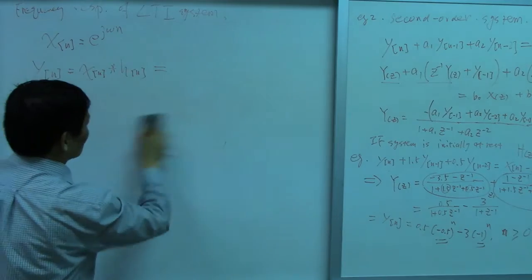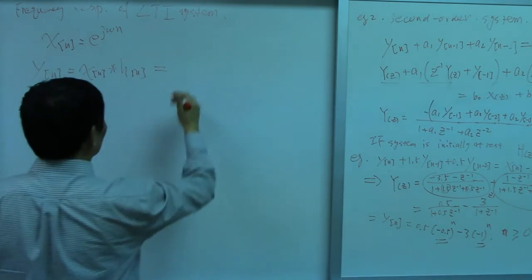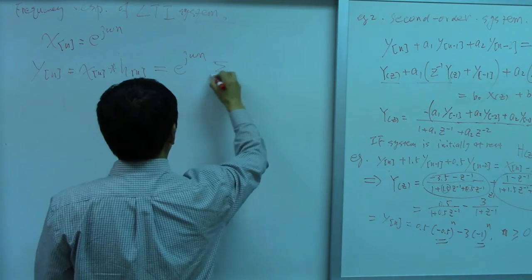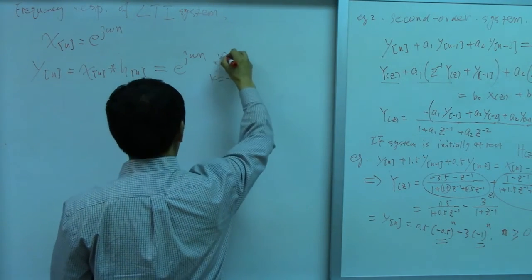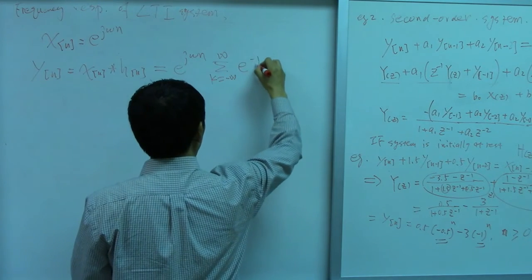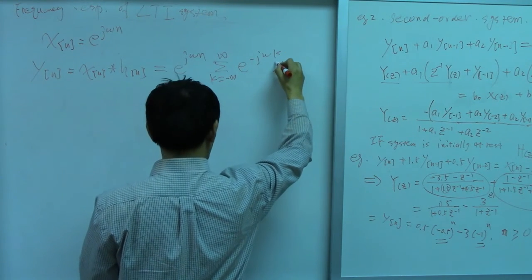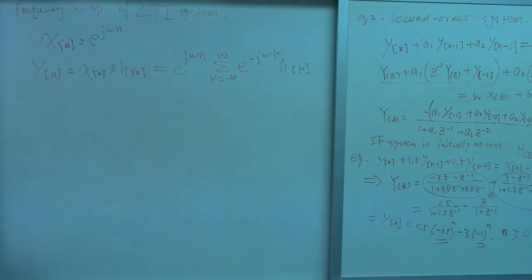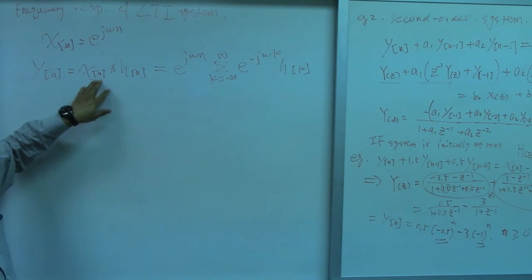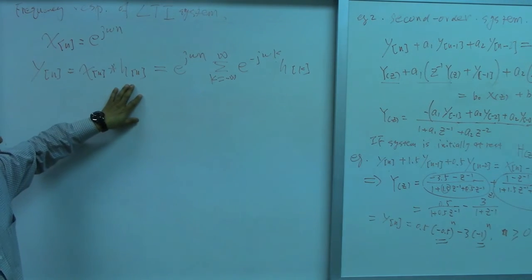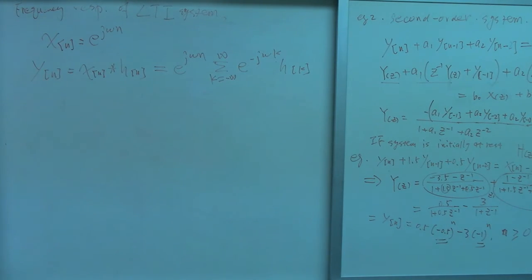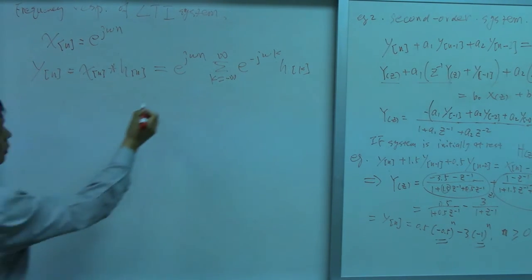So what we have here is e to the j omega n times the sum from negative infinity to positive infinity of e to the minus j omega k times h[k]. So the output equals the input convolved with the impulse response, and we get this part. What is this?